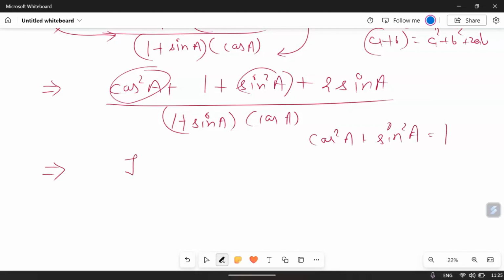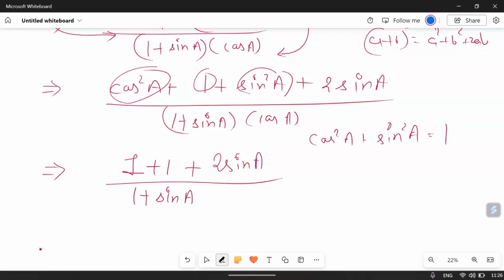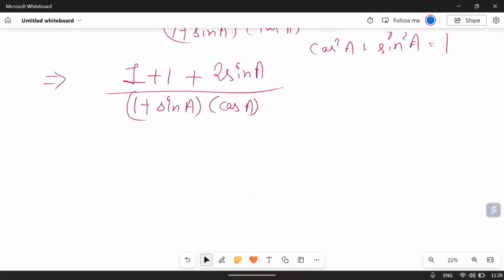After writing it down, 1 plus 1, already 1 is here, plus 2 sin A divided by 1 plus sin A and multiply by cos A. So what we need to do here, now I get it. If I take the 2 common out, 2 plus 2 sin A, I think I will get my answer.